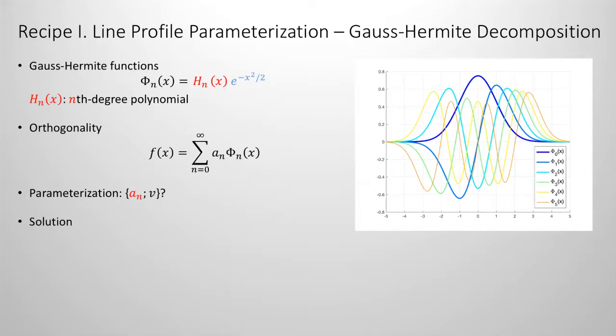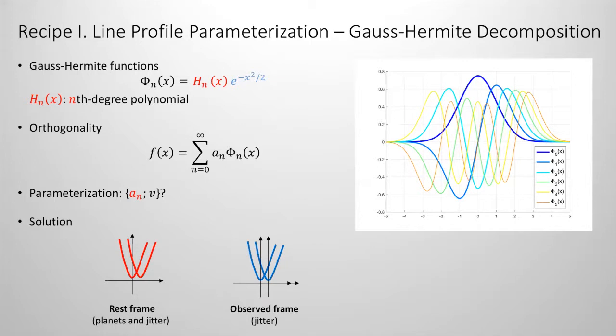But we come up with some attempted solutions. If we parameterize the line profile in the rest frame, then when the line is shifted, this a_n would change.